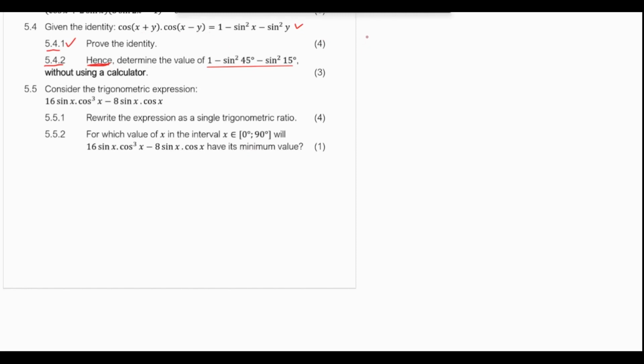So we proved that cos(x + y) times cos(x − y) is equal to 1 minus sine squared x minus sine squared y. And now we want to find the value of 1 minus sine squared 45 degrees minus sine squared 15 degrees.